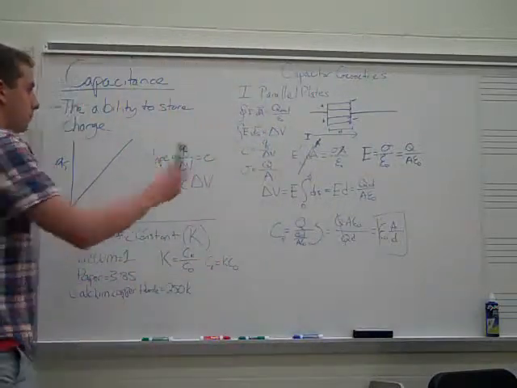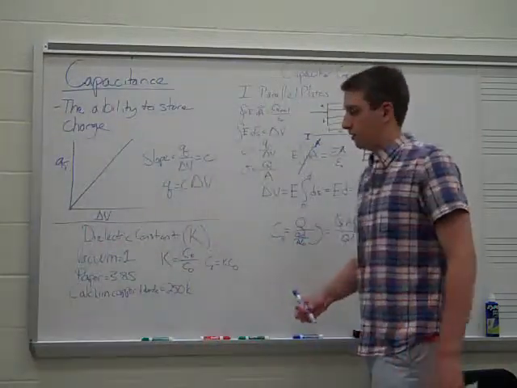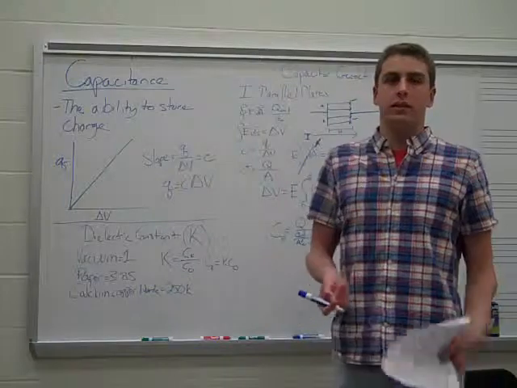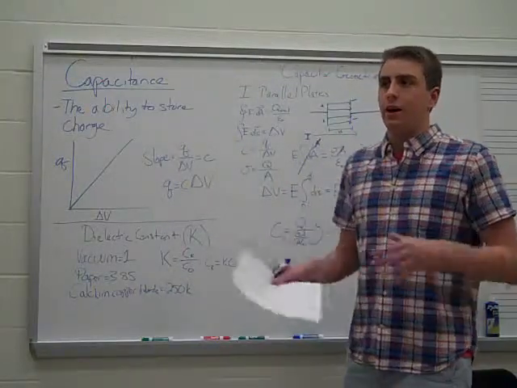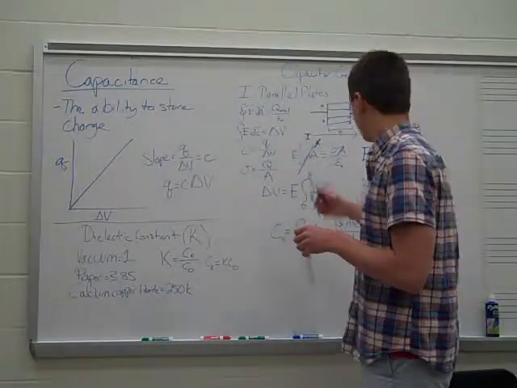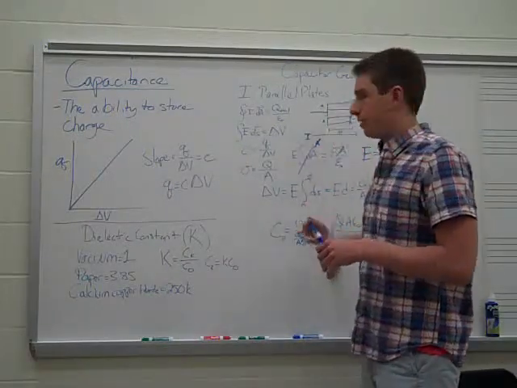Now, what I'm going to be talking about is the dielectric constant, which comes into play with capacitance. The dielectric constant basically determines the permittivity of the space in the capacitor, which in this parallel plate capacitor is just this little empty space here.